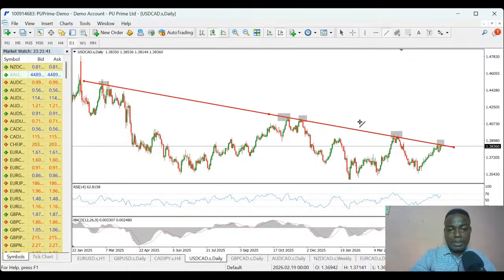Now, from the third time price touches this trend line, we can see there was a strong bearish movement. So that means that now that price is back to that level, we are expecting a bearish movement on the USD card. So our overall outlook on the USD card is actually bearish.